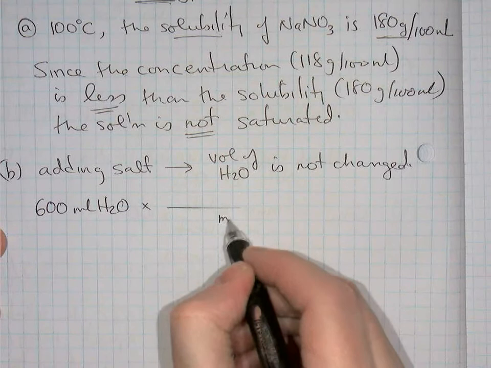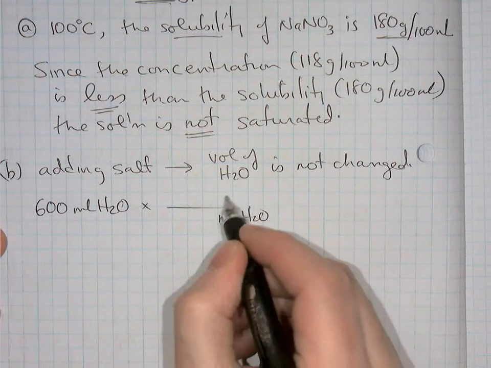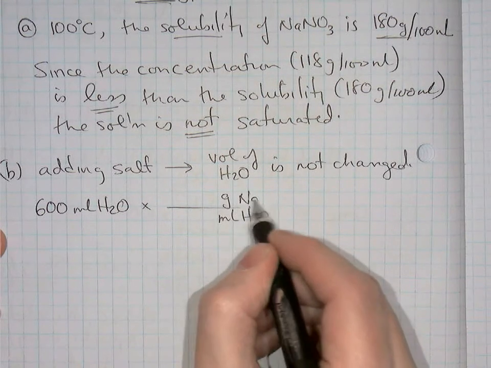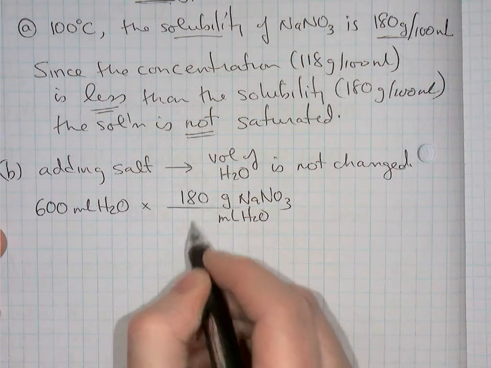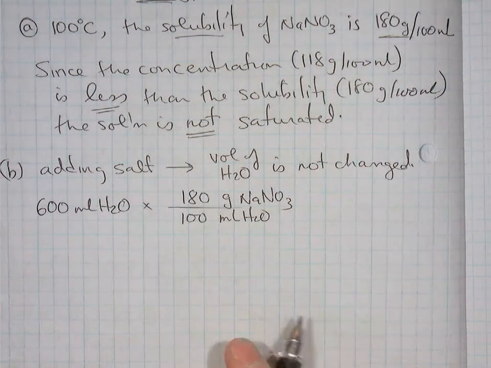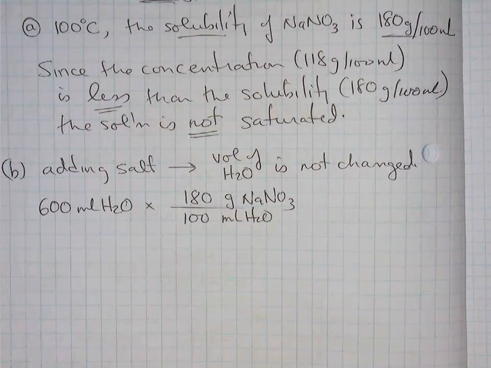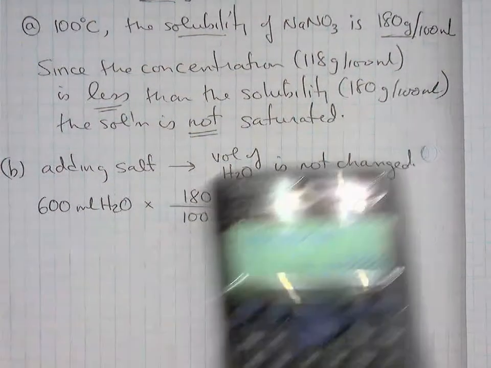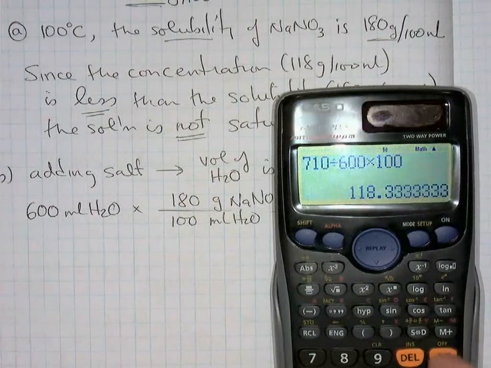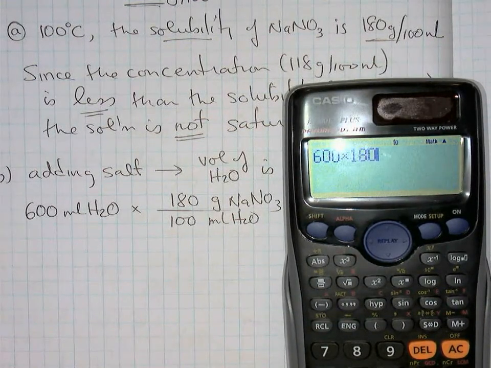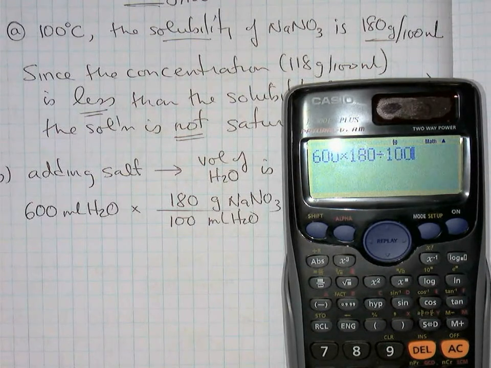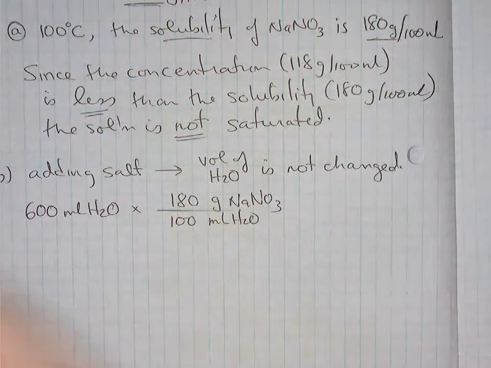I'm going to get rid of mils of water, and find grams of sodium nitrate, 180 grams for every 100 mils of water. And now grabbing my calculator again, clear the old stuff. 600 times 180 and divide by 100, I get 1080.